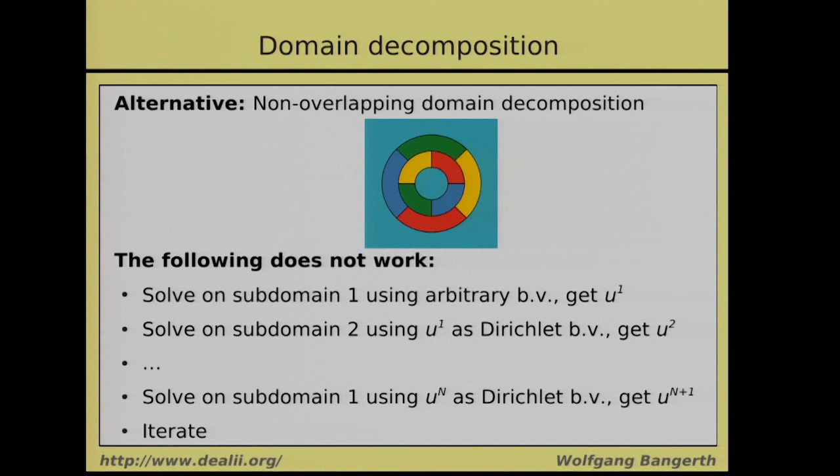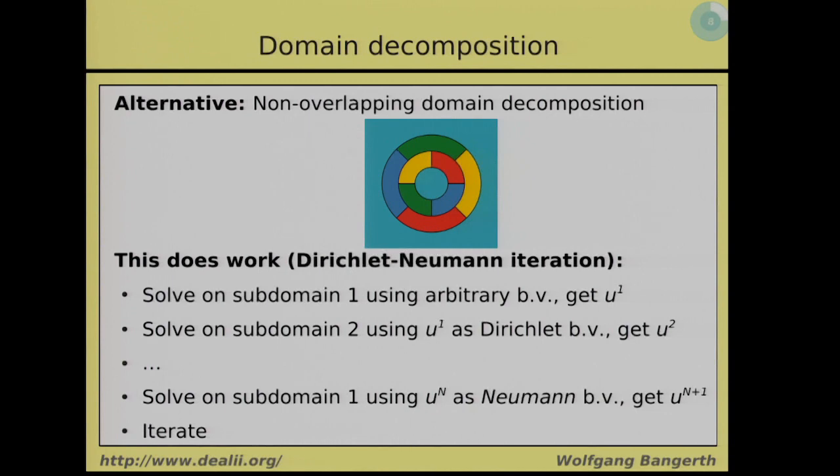So if you only work with Dirichlet values, that doesn't work. What you need to do is solve something that is called the Dirichlet-Neumann iteration. Let's say I solve on every subdomain once with 0 Dirichlet values.